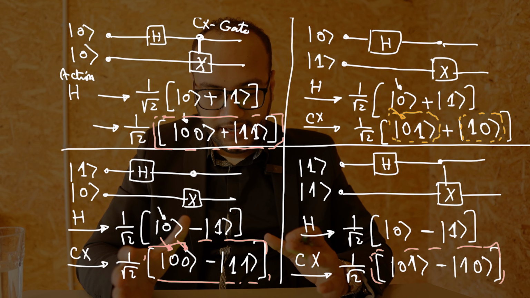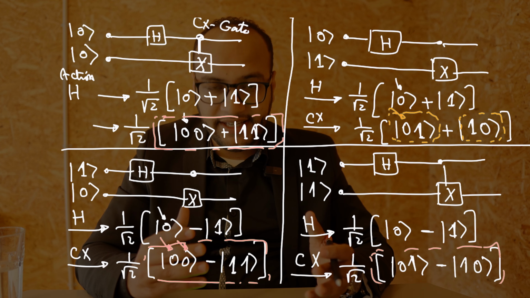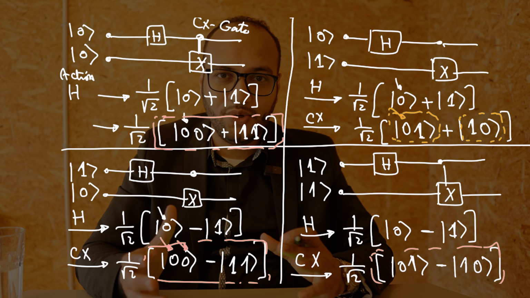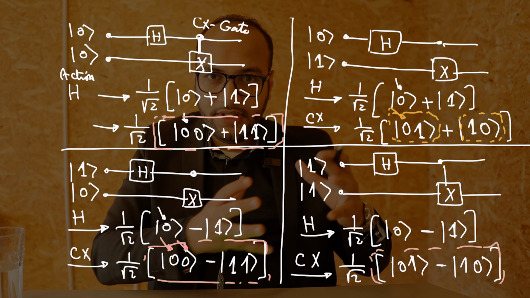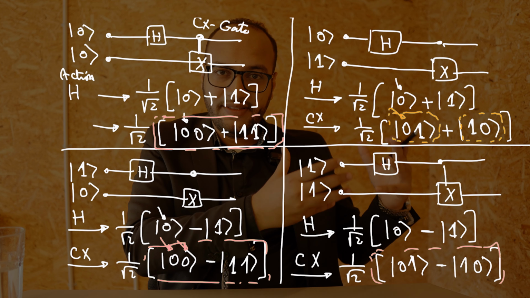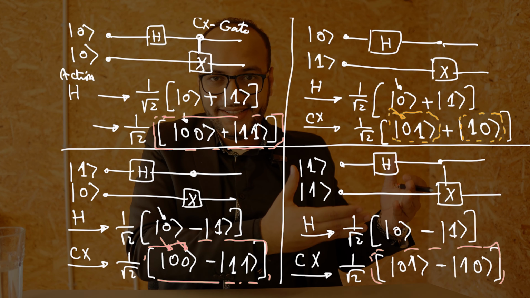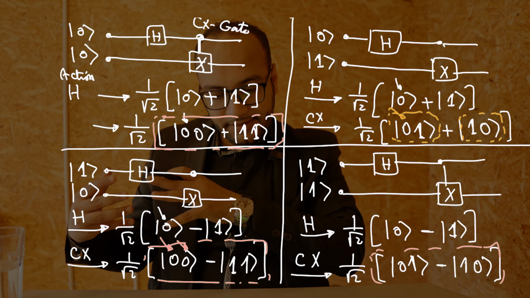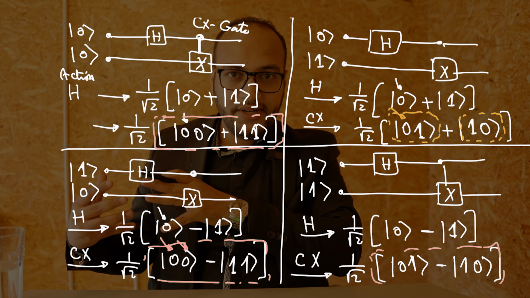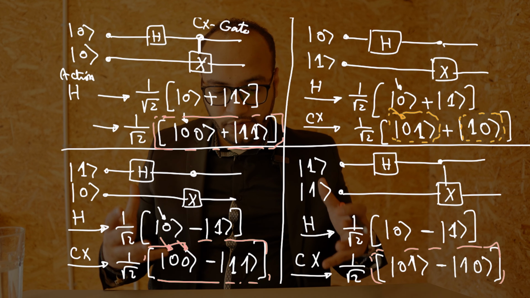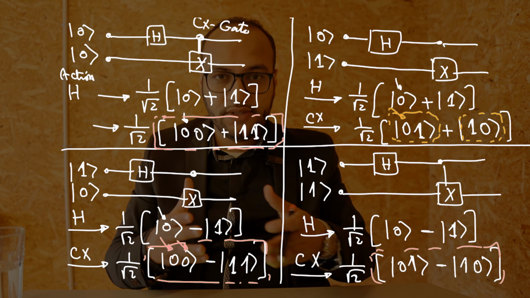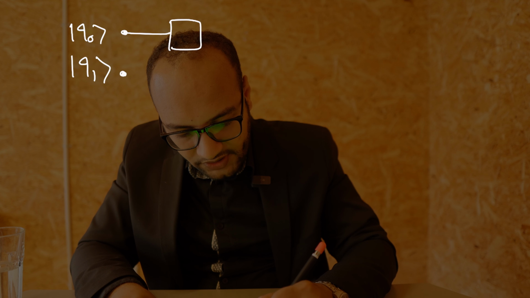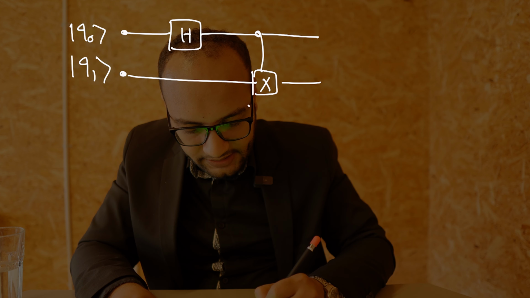Actually, the Hadamard gate together with the CX gate does a transformation, or a rotation, from the computational basis, the representation in terms of zeros and ones, to another representation which is called the Bell space, or the Bell representation, where we can form a basis out of these 4 states. In summary, if we have qubit Q0 and then qubit Q1, we act with the Hadamard gate, and then we act with the CX gate.